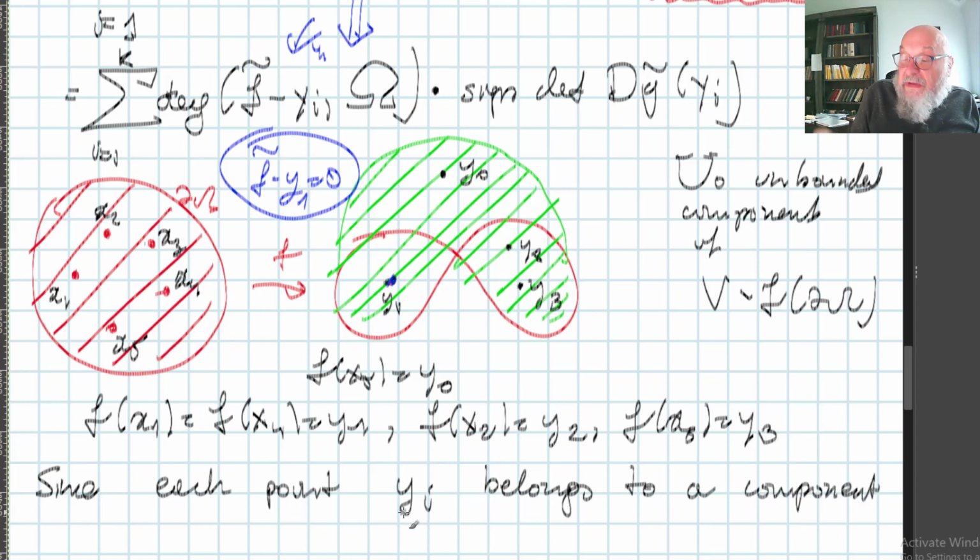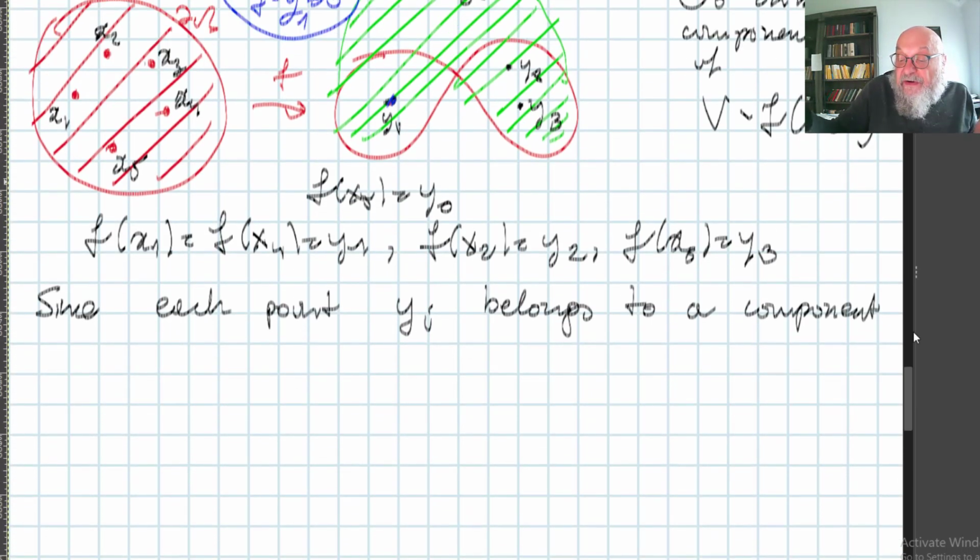It belongs to a certain component, uj of y, so for this i there exists a component uj. It can be 0, it can be unbounded, okay?